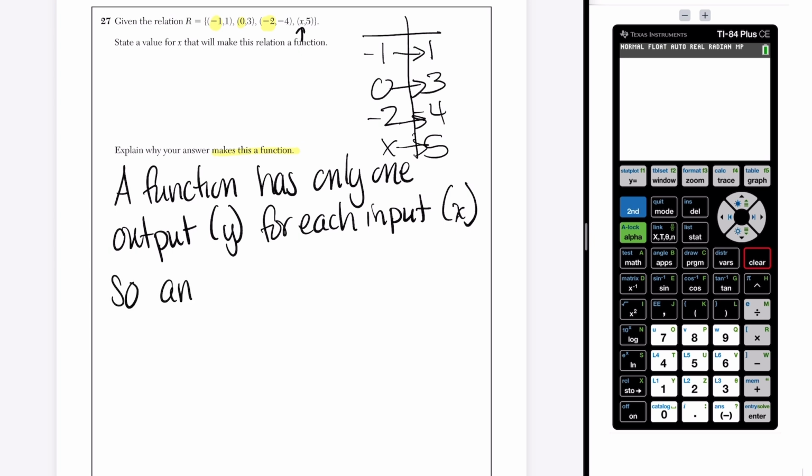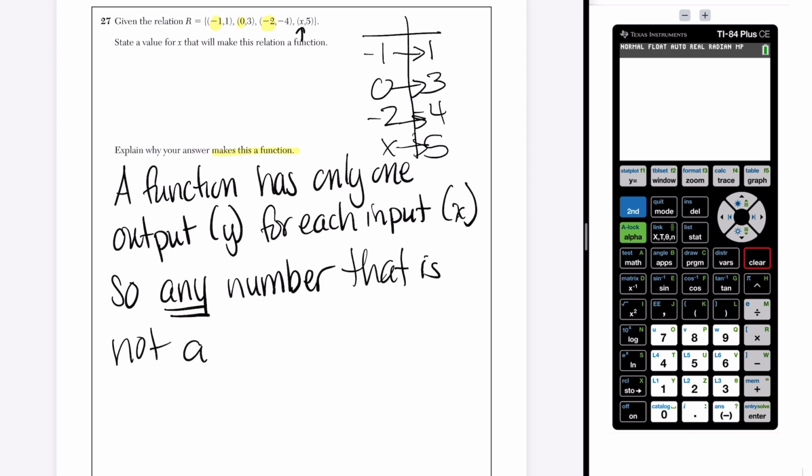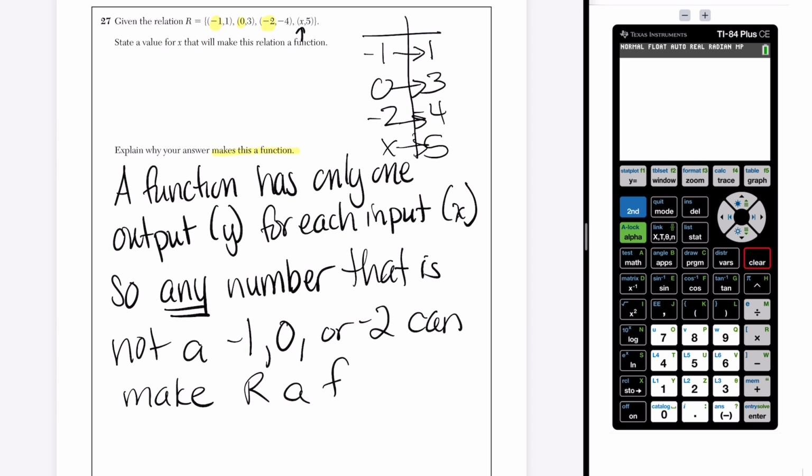So any number that is not a negative 1, 0, or a negative 2 can make R a function.